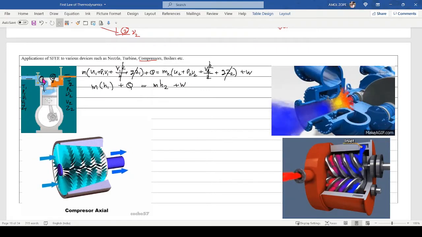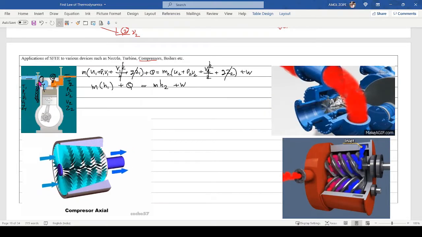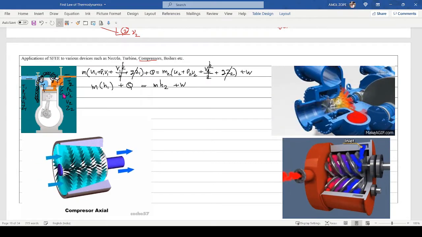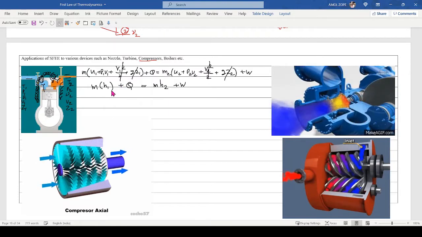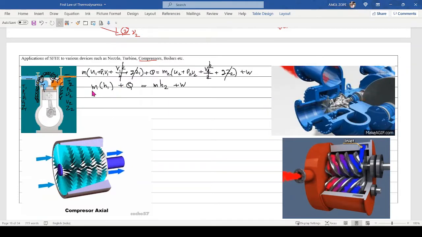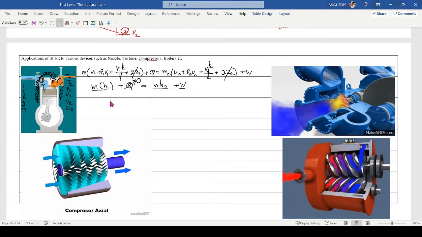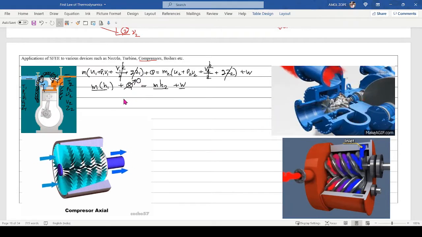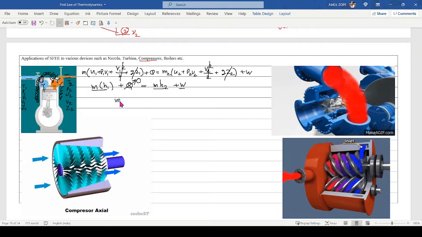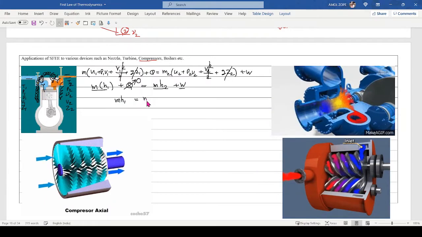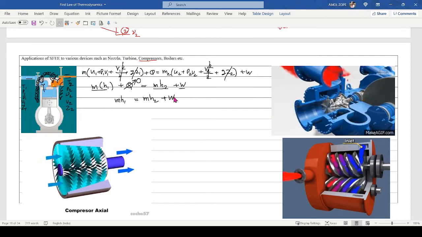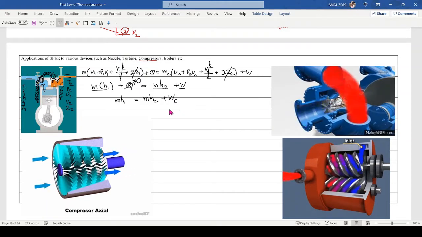Again I can simplify this. If I assume that the compressor is insulated, why is my assumption correct? If I look at the energies involved here, I can again neglect this q. So finally what I get is m h1 is equal to m h2 plus w. Now this w is the work of compression, so Wc.